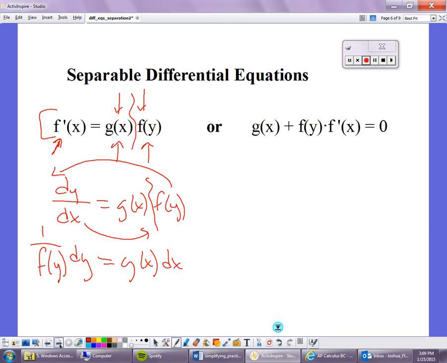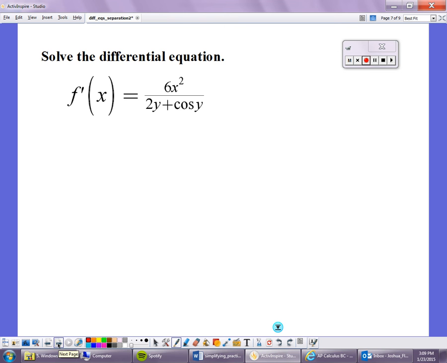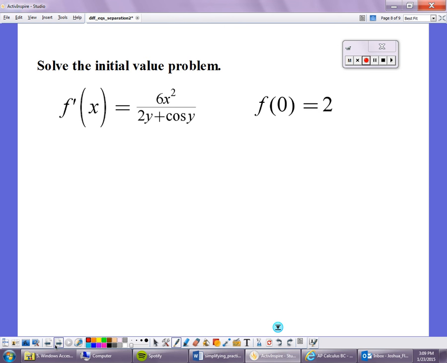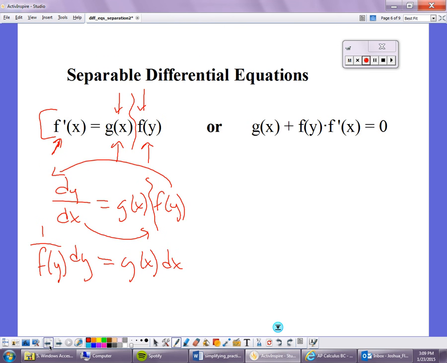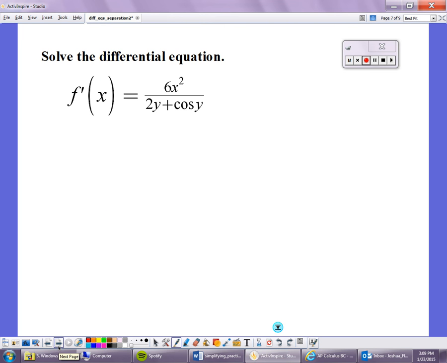I'm going to do one more example here, one example of solving. It's a little bit different. So this one, I've got two functions on this side, and you can check it out.